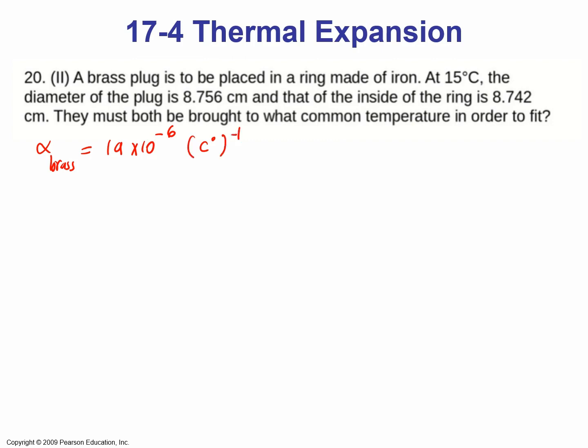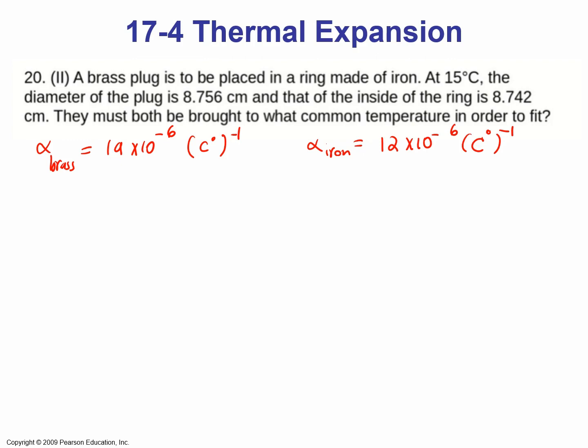We write it like this. And the coefficient of expansion for iron is 12 times 10 to the minus 6 per degree Celsius. Write it like this.